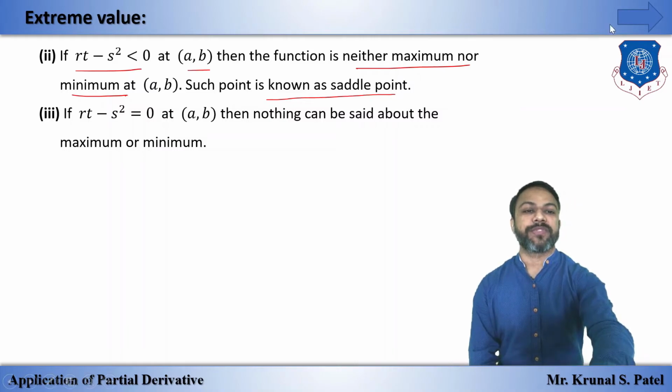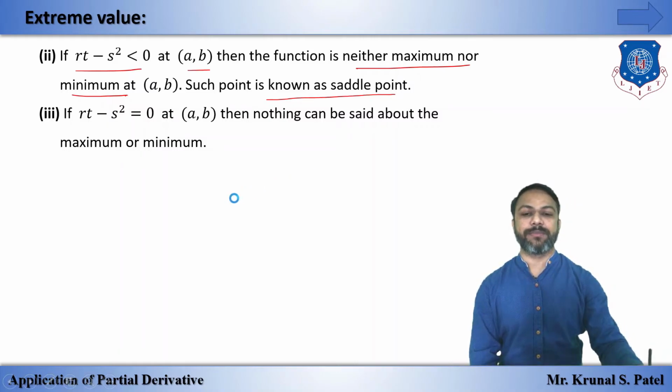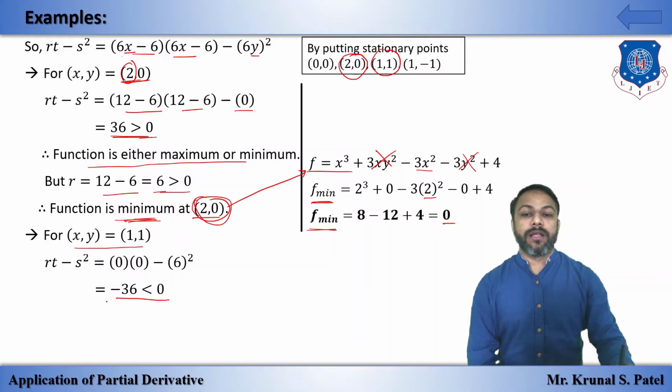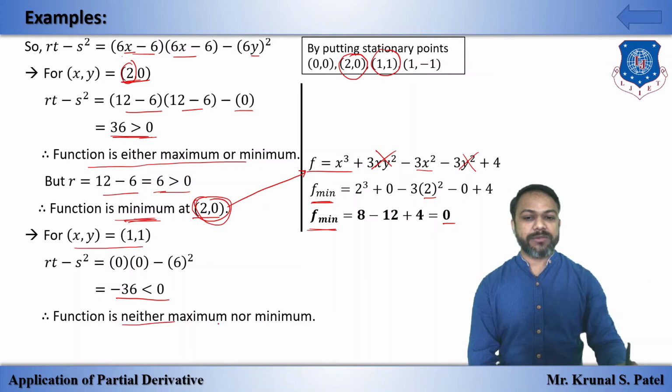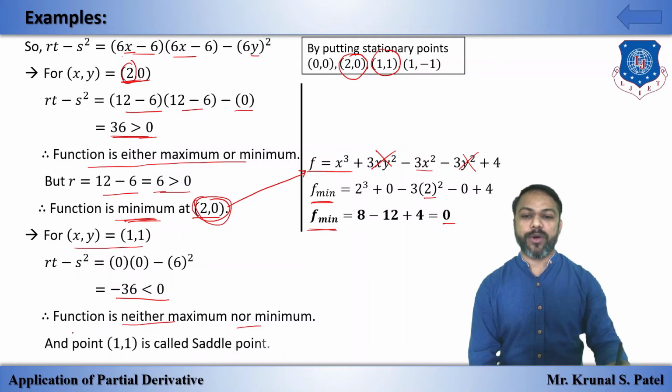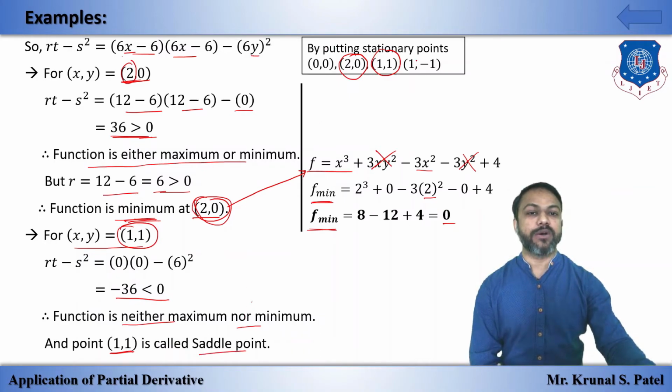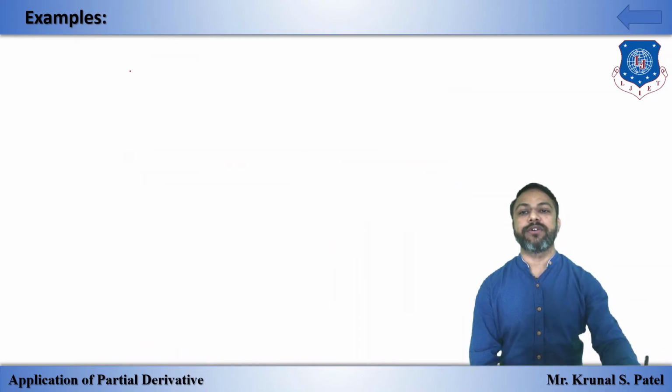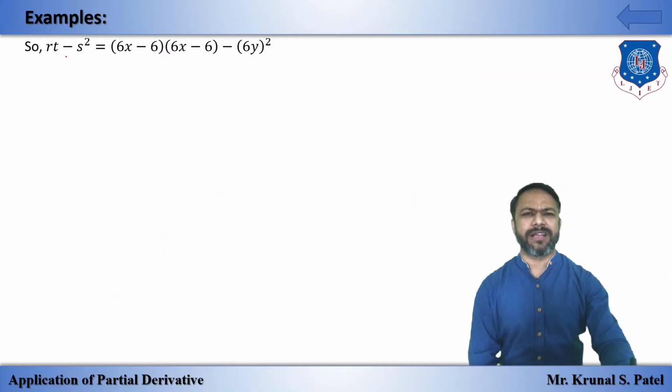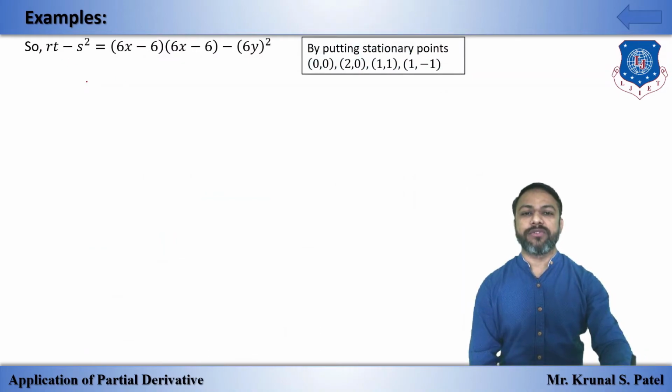So we will write down that the function is neither maximum nor minimum, and this point 1 comma 1 is called the saddle point. So these are the 3 points we completed. Now the last point is 1 comma minus 1. Again we write rt minus s square, and this time we use 1 comma minus 1.